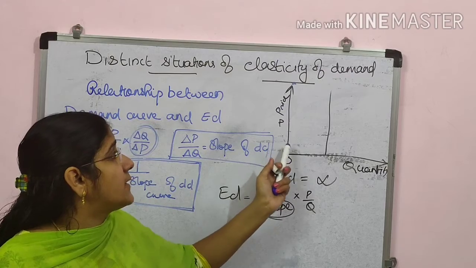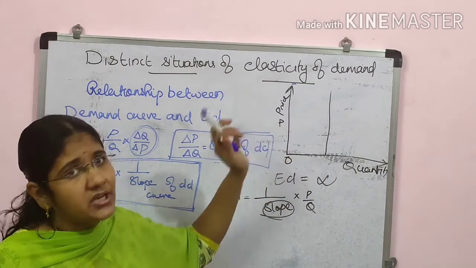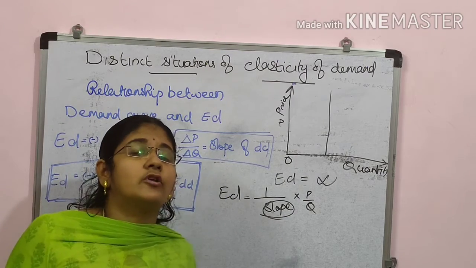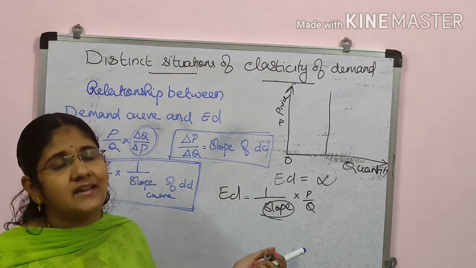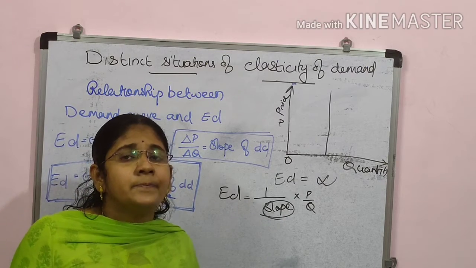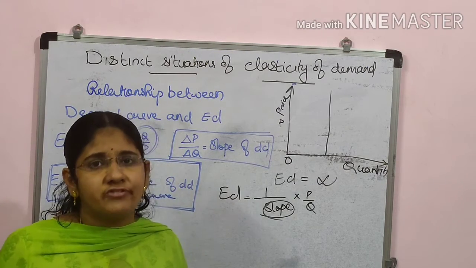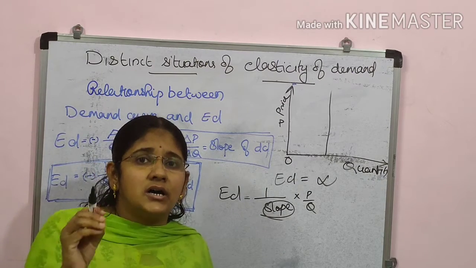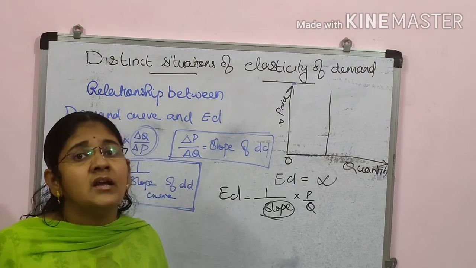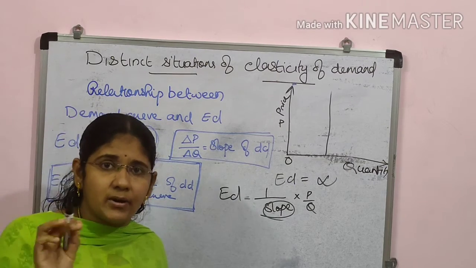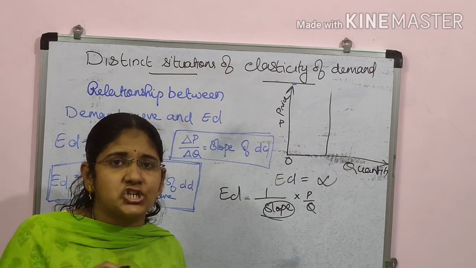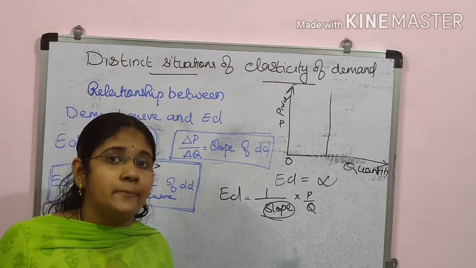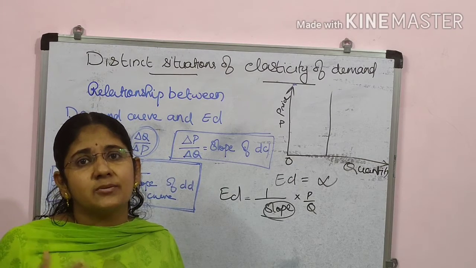In this case, what happens? Though the price of the commodity is increasing, people prefer the same amount of quantity that is needed. As an example, consider some typical type of disease. If the price of its medicine is increasing, people still demand the same. There is no relation between the price and the quantity demanded, because it is very urgent.